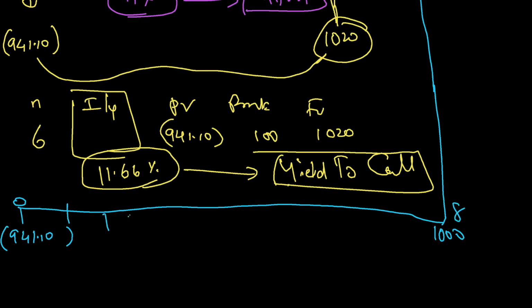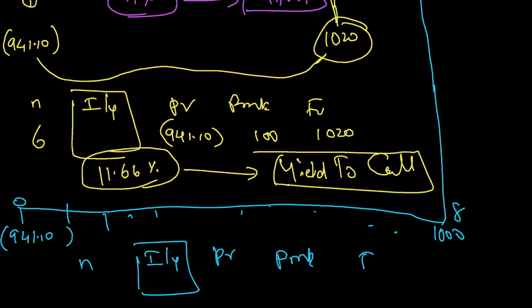Okay, and in between all the payments. So again I will calculate the IY: N, IY, present value, payment, future value. N is 8, present value is 941.10, and then payment is 100, future value is 1000, so I'll write 1000 over here.